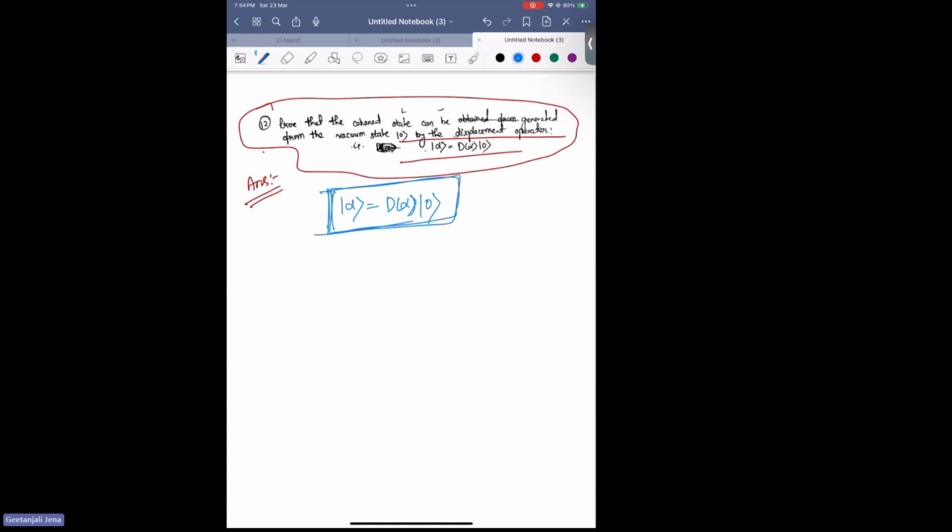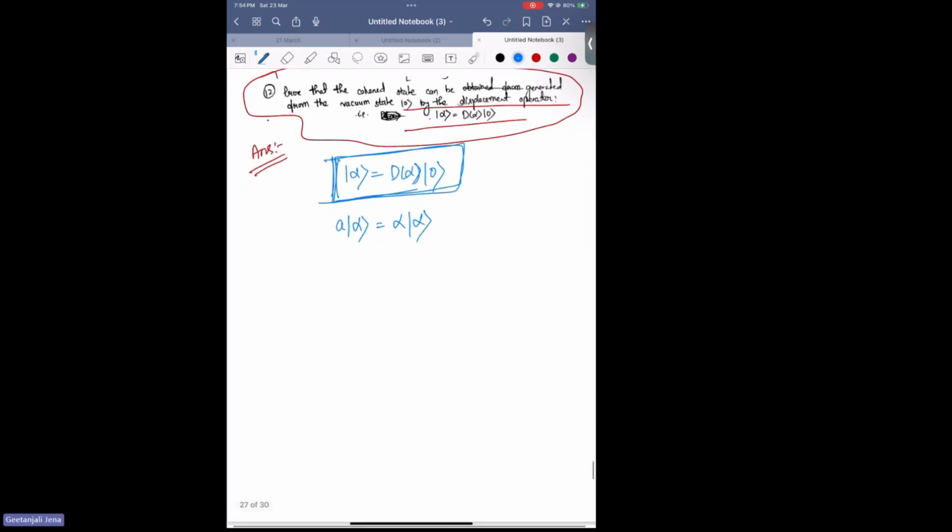For the coherent state we know that A|alpha> equal to alpha times |alpha>. So let us prove it in a reverse way. Let us check whether, by taking this condition, we are getting this value or not. If we are getting this, then it means that this condition is true.